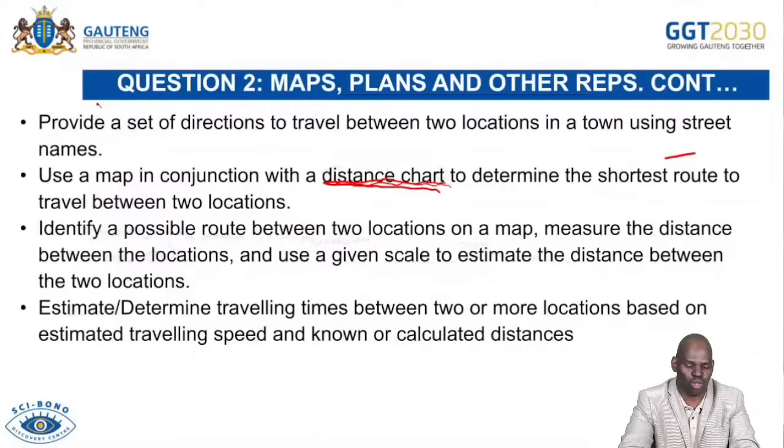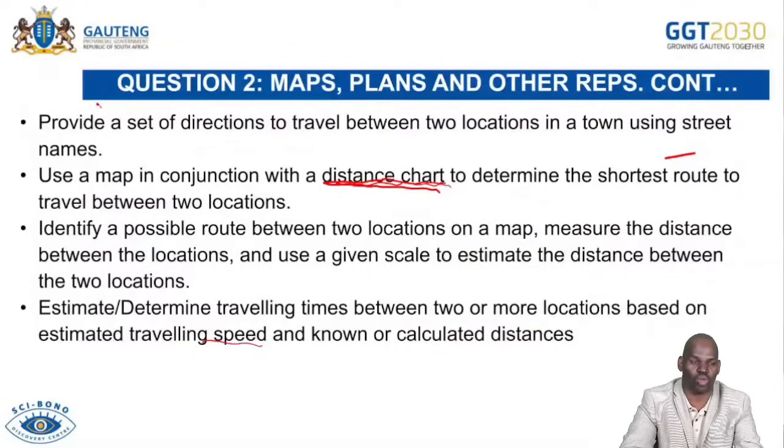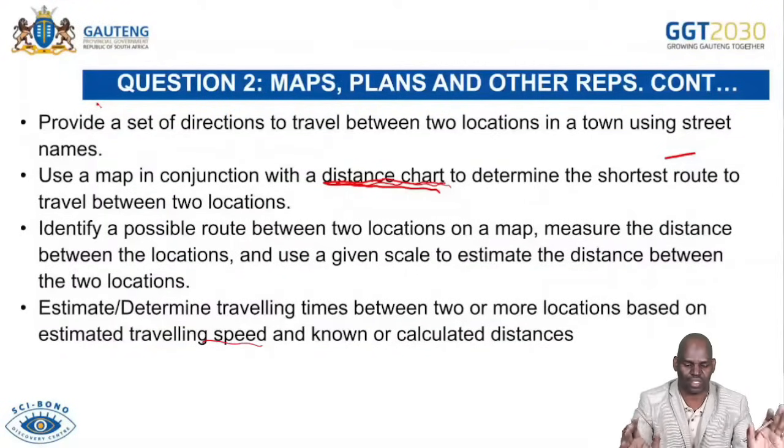You must also be able to estimate or determine the traveling time between two or more locations based on estimated traveling speed and unknown or calculated distances. This one, we're talking about the relationship between speed, distance, and time. You must be able to use that triangle of the relationship between speed, distance, and time.